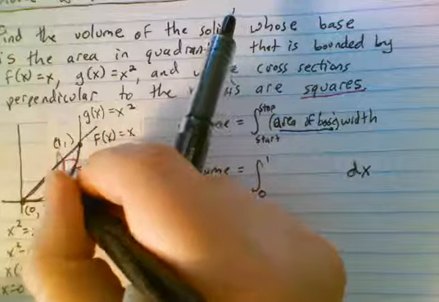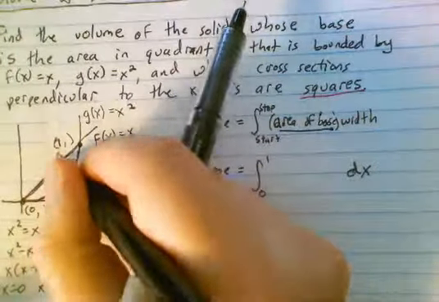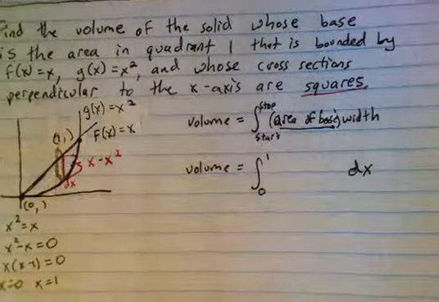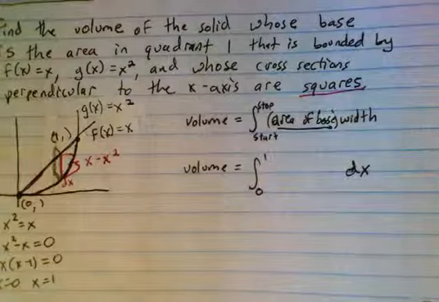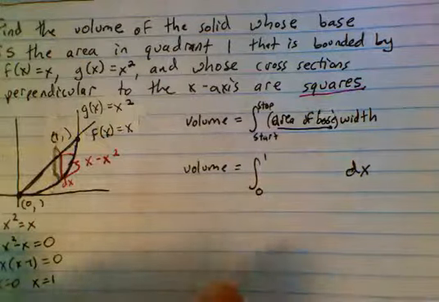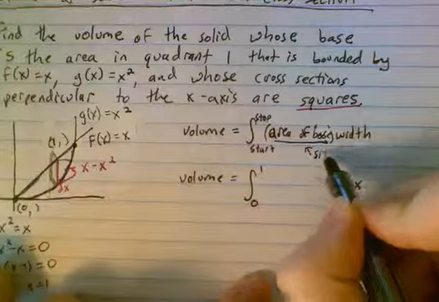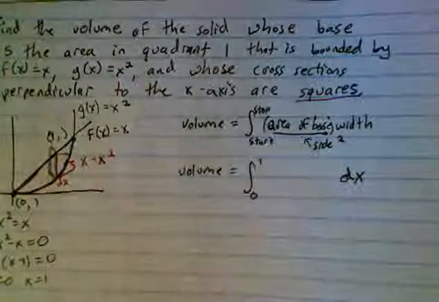I'm having this infinitely thin square that's going to be the base of my prism. What's the area of this base? Well, I know what the area of a square is. It's just side squared. And I know that my side is this x minus x squared.